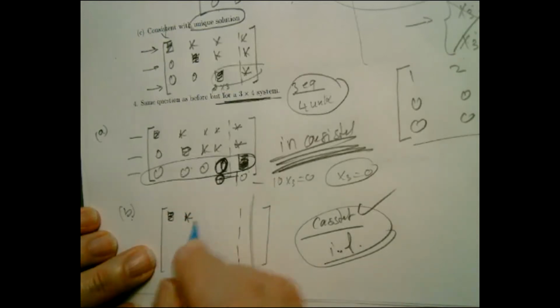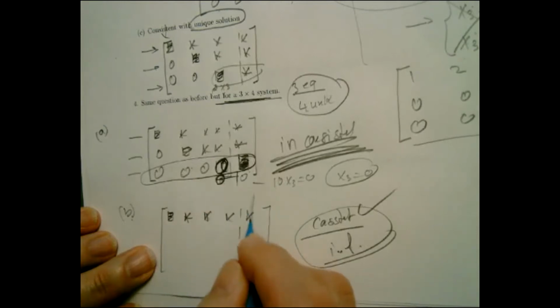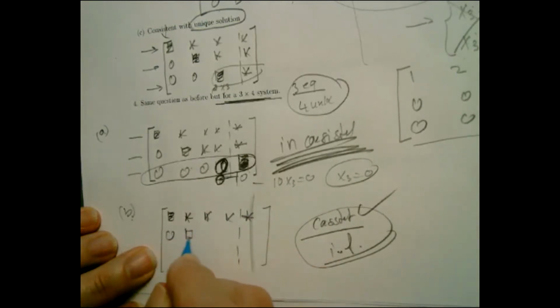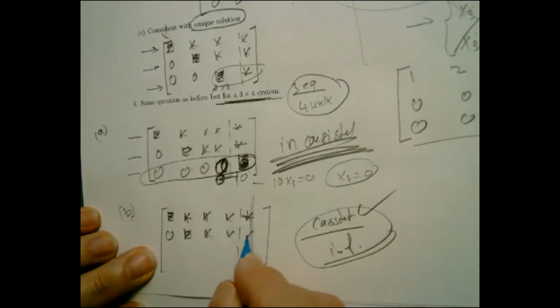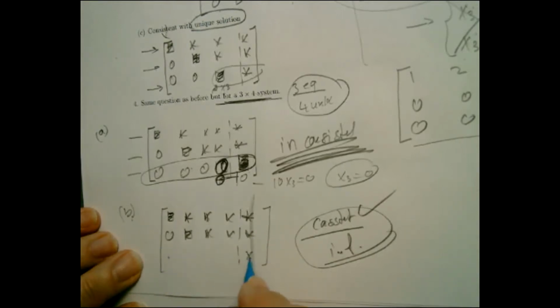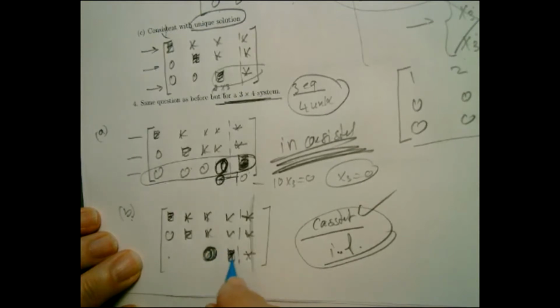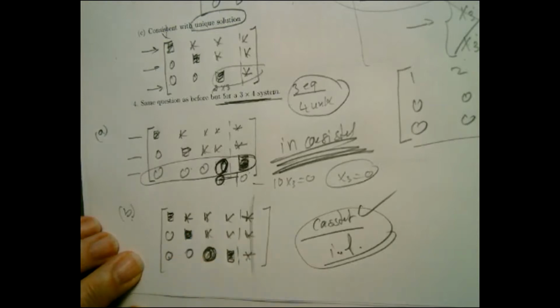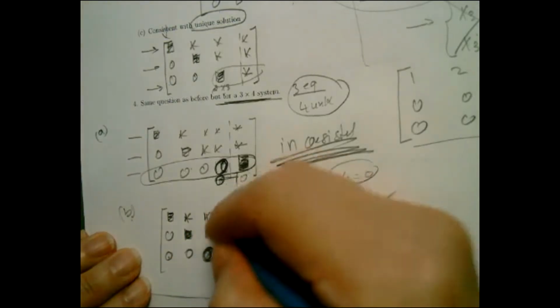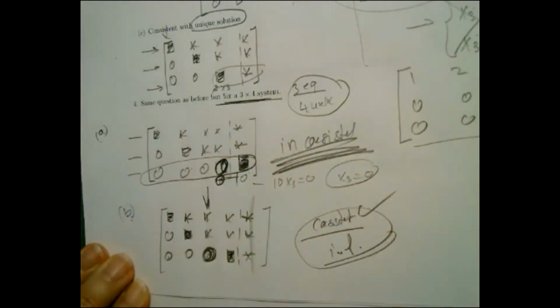So 0, that's one scenario. And here, I don't want a leading entry, so the leading has to be to the right. Now I can have a leading here. This has to be 0 because that's my leading, and this has to be 0 and this has to be 0. Is this infinitely many solutions? Yes, because x3 will be free.